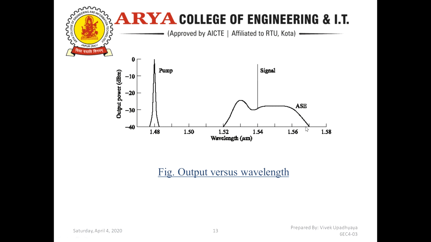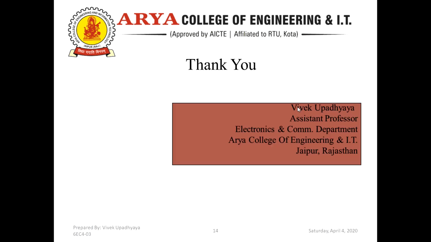First the gain is increasing, then decreasing, and then here it is a saturated gain or saturated level. After that, again it is decreasing. So it is all about Raman scattering and the Raman optical amplifier.